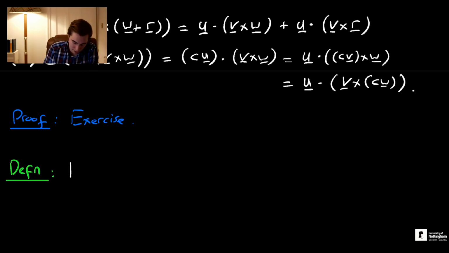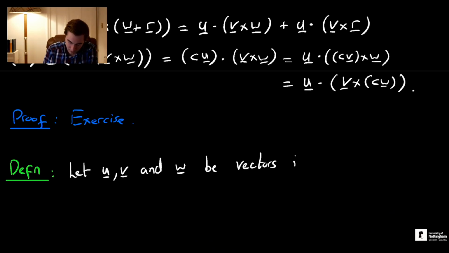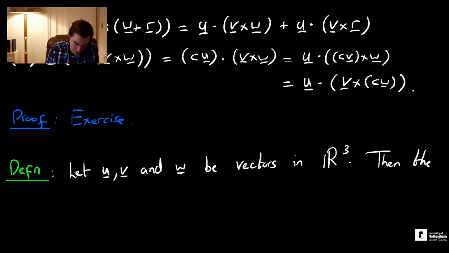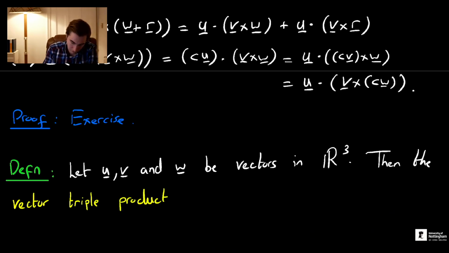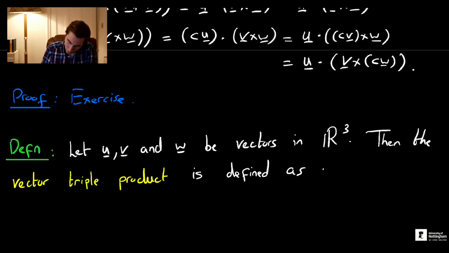So in this situation, let u, v, and w be vectors in R3, then the vector triple product is defined as u cross v cross w.